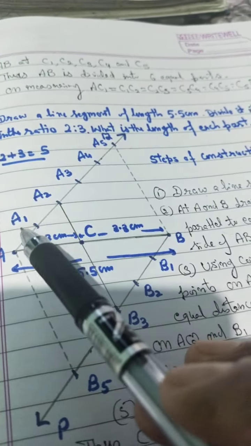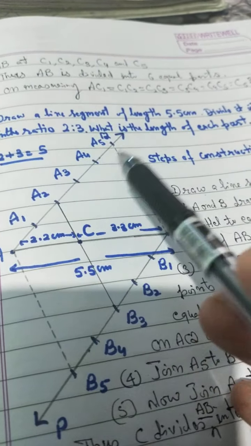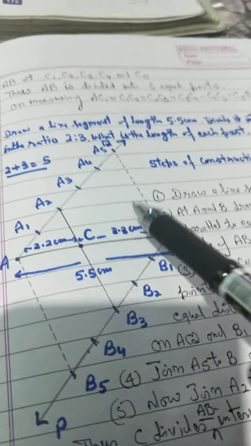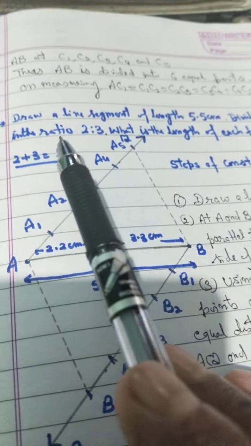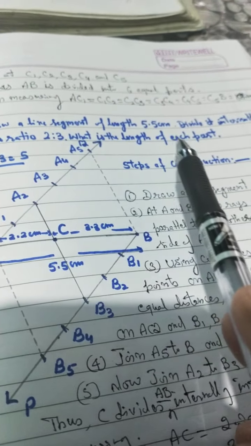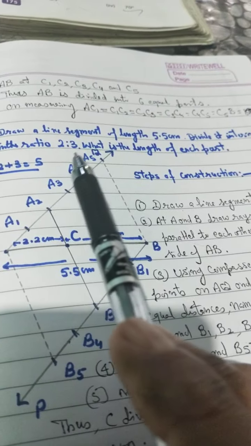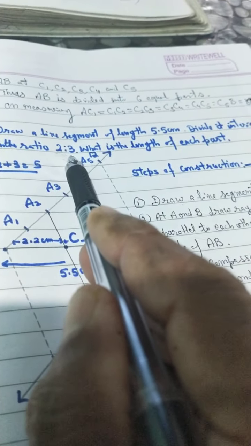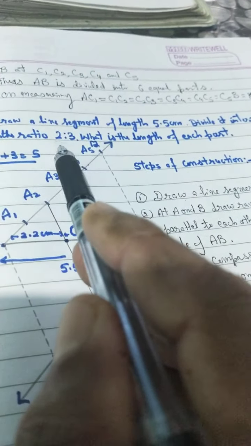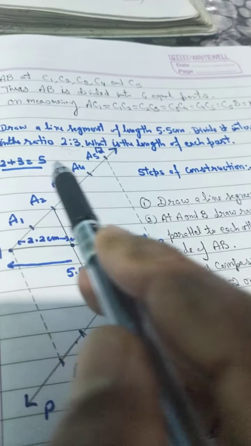We mark 5 equal parts on AQ and 5 equal parts on BP. The rest, all steps will be the same.